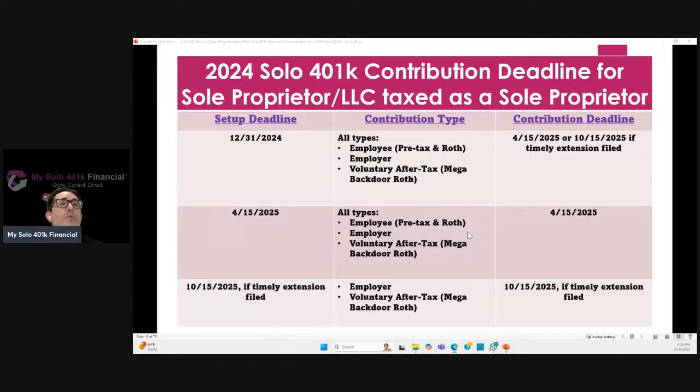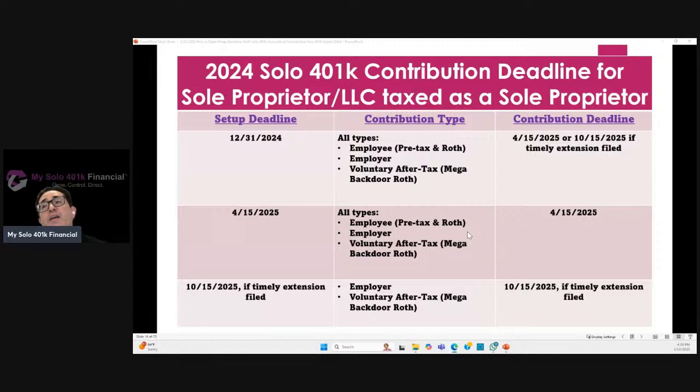So we'll go through it for each business tax type. For a sole proprietor who didn't sign up with us before the end of last year, or hadn't set up a basic solo 401k plan somewhere else before the end of last year that they now want to upgrade to our plan, they could still set up a plan here in 2025 and make all types of contributions: employee, employer, and voluntary after-tax.